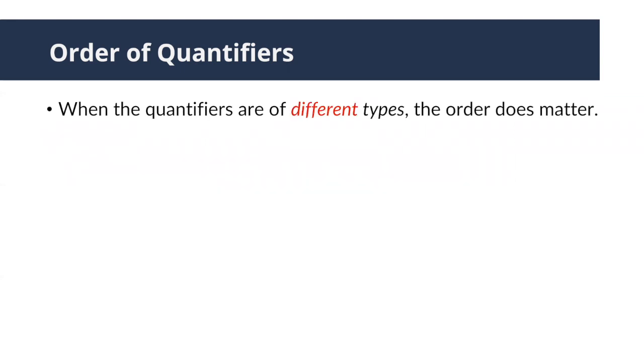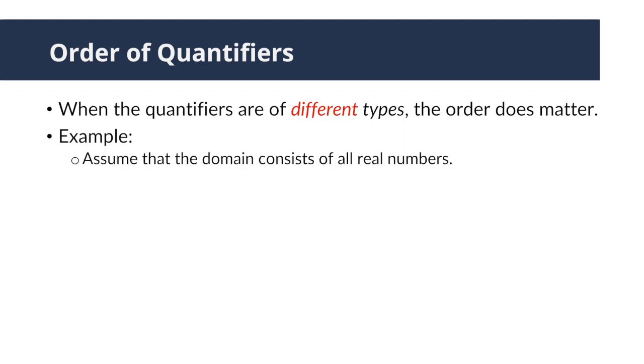What if the quantifiers are different? It turns out the order does matter now. Why? Let's see one example. Again, assume the domain consists of all real numbers. And let Q(x,y) denote x plus y equals 0.